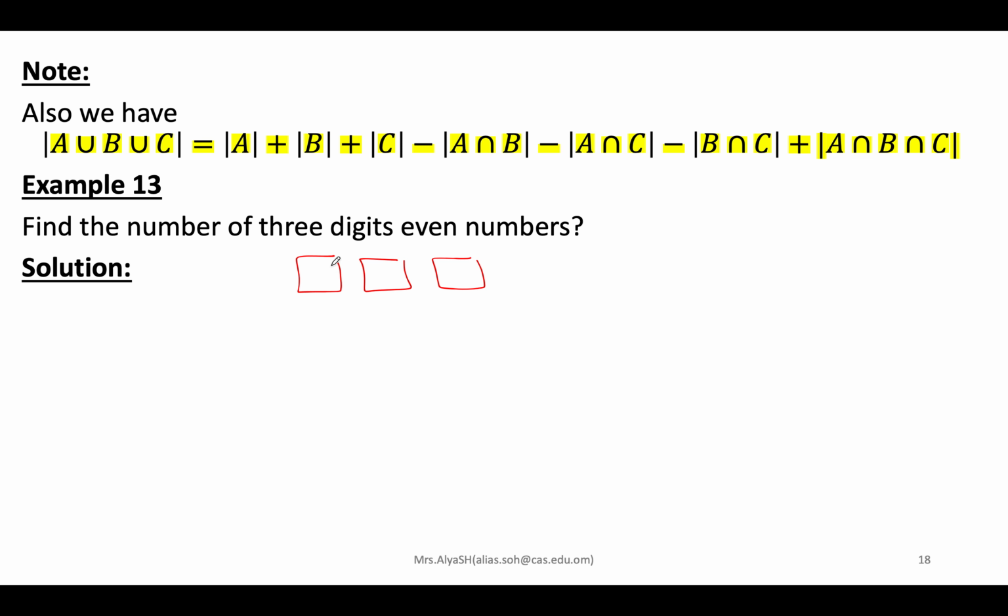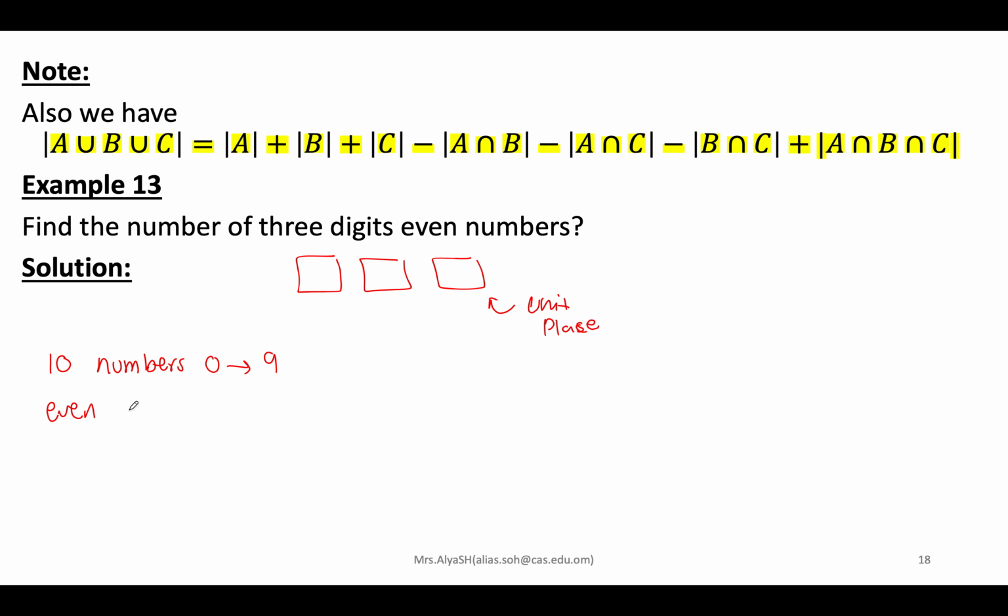To tell whether a number is even or odd, I need to look at the unit place. We have 10 numbers, starting from 0 until 9.